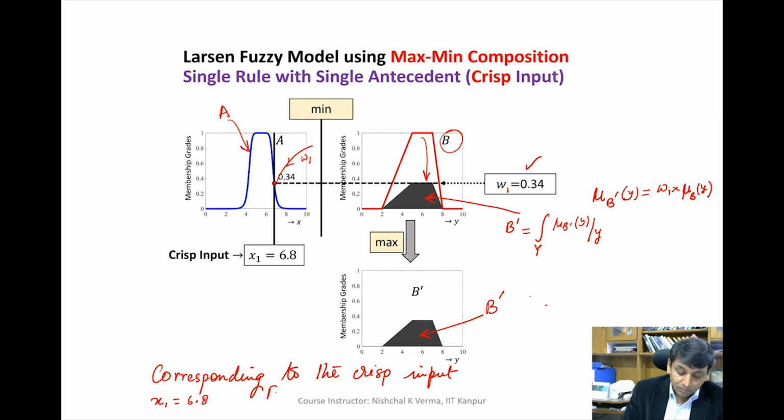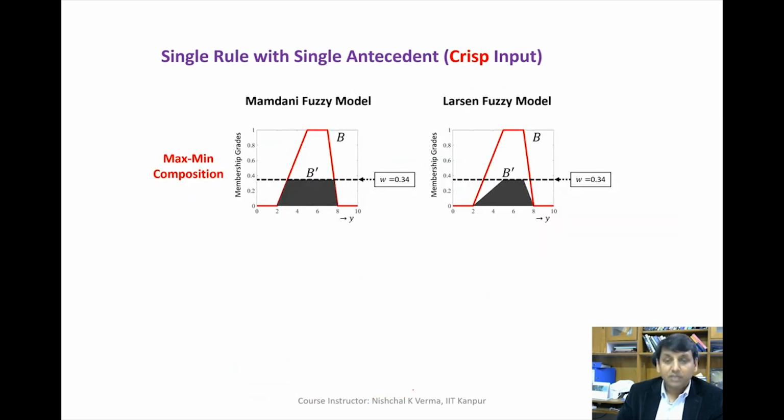The fuzzy output is B dash, and as I have already mentioned, the output here is fuzzy, so we can use any suitable defuzzification technique to convert this fuzzy value into a crisp value, as we have discussed in the Mamdani fuzzy model in our last lecture.